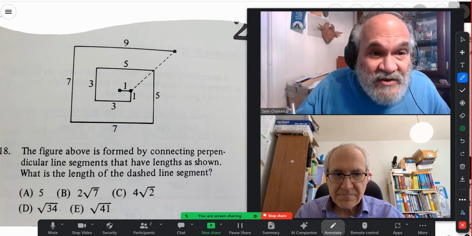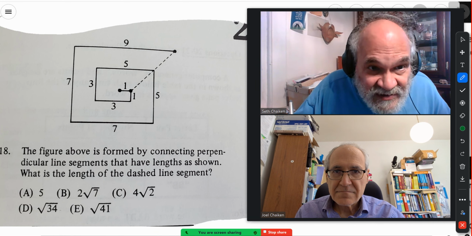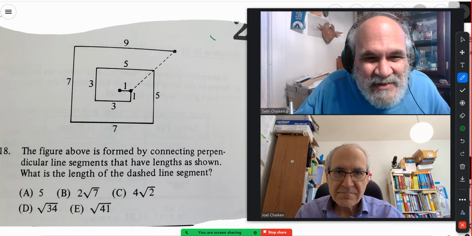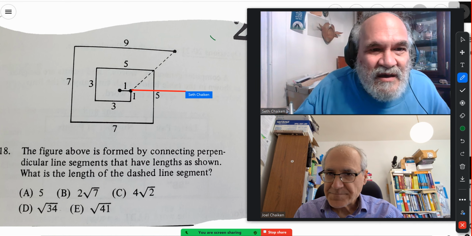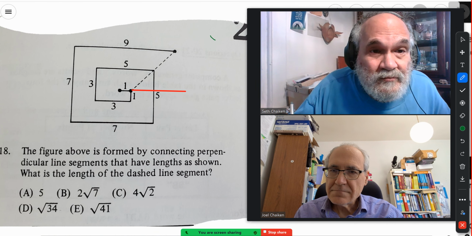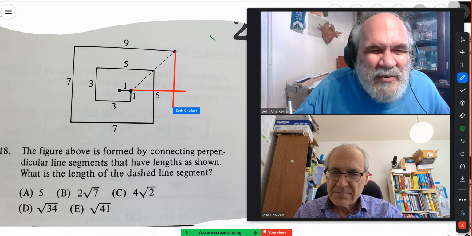And so what I do is add construction lines. I extend this horizontal line horizontally, and then I drop a perpendicular from the last point.